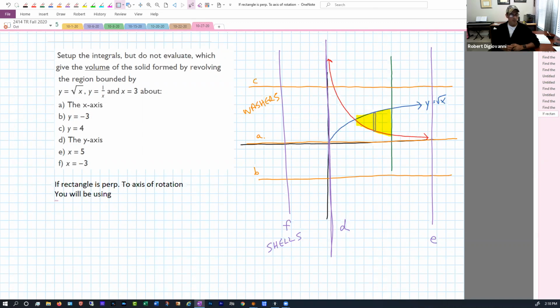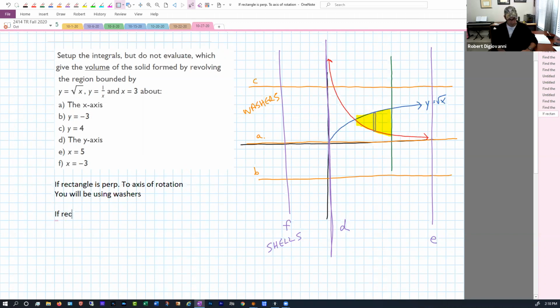If your rectangle is perpendicular to the axis of rotation, you'll be using what? Washers. Okay, so that's like the orange, right? All these orange lines are perpendicular to my rectangle. Anytime your rectangle is perpendicular to your axis of rotation, you're going to be using washers.